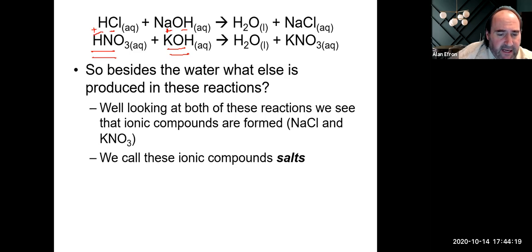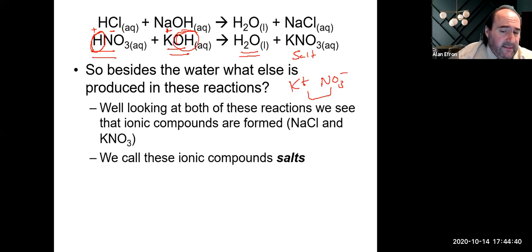Again, the H from the acid, the OH from the base gives us our water. And then the other two parts come together. That is potassium and that is nitrate coming together. And again, just like we talked about with naming, +1, -1 gives us our salt here, which is potassium nitrate.